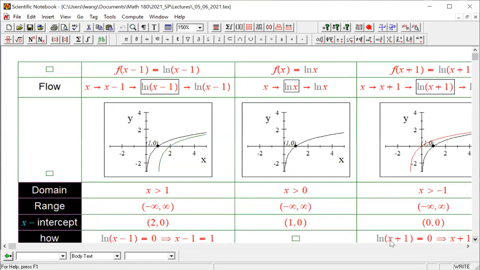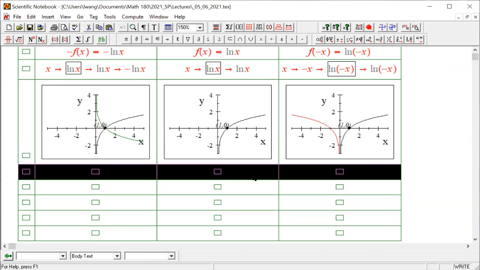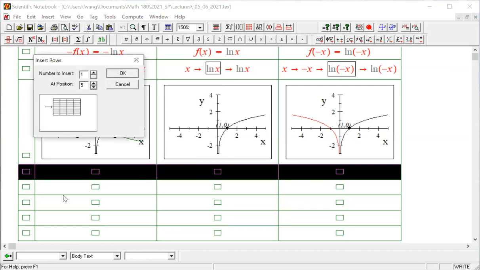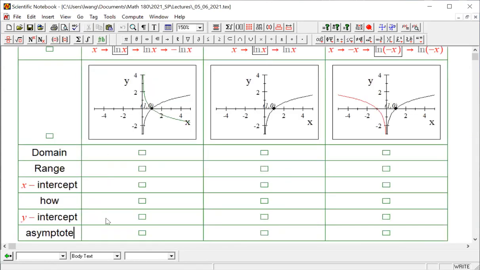1, 2, 3, 4, 5. Hold on. I'm sorry. When I'm in a rush, I tend to make mistakes. 6. Okay. Domain: x is greater than 0, and for this one x is less than 0.